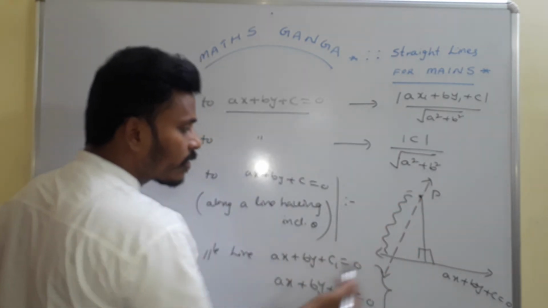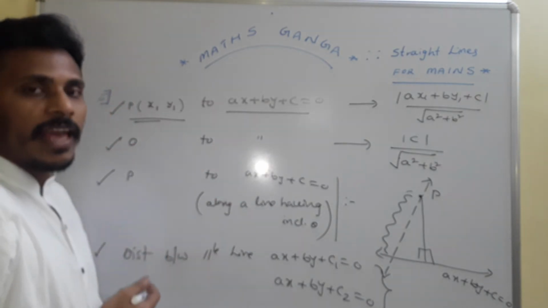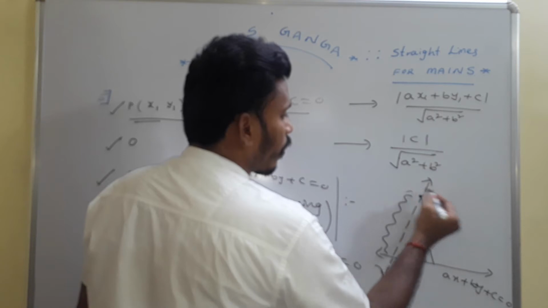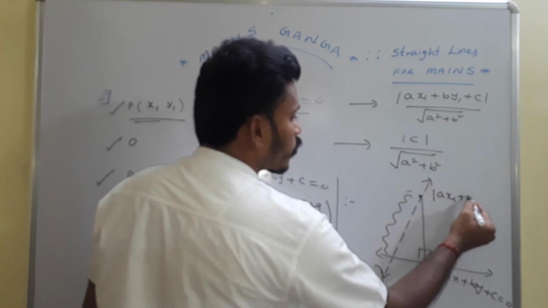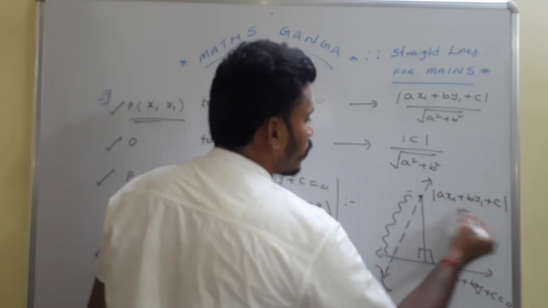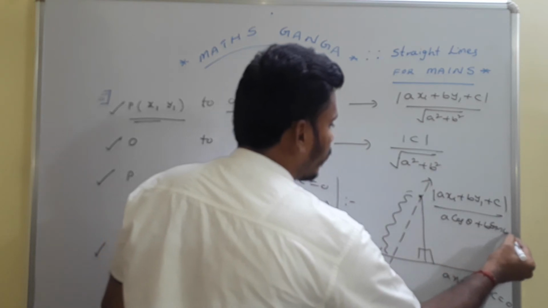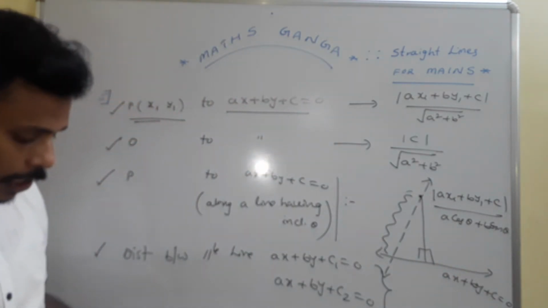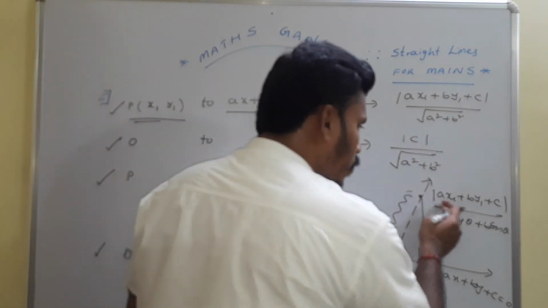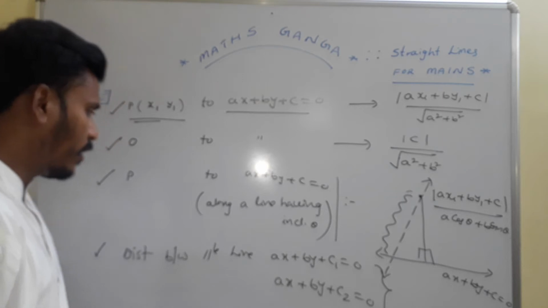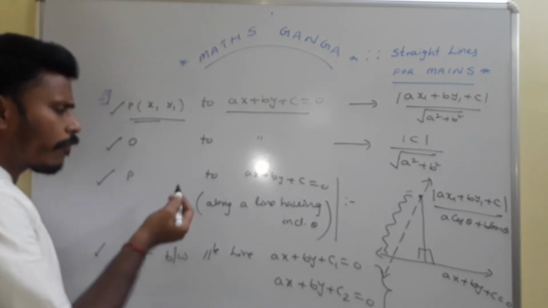I need the distance along this line having inclination theta, and that is given by the rule: modulus of ax1 plus by1 plus c divided by a cos theta plus b sin theta. If theta is the inclination of the line, then that distance is mod ax1 plus by1 plus c by a cos theta plus b sin theta. This is also one of the important things.